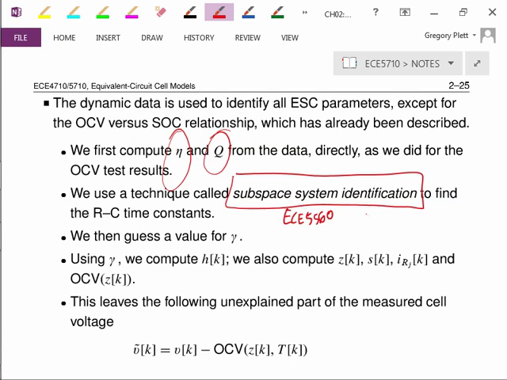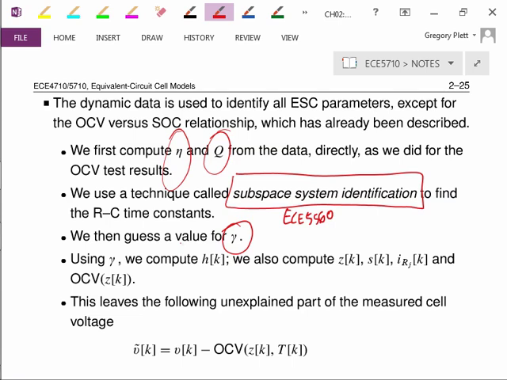Then I do something interesting. I guess a value for the hysteresis rate constant gamma. Now we're not going to keep this guess. This is an initial guess. We're actually going to optimize this guess, but this is a starting value. And maybe this is something that you know from a previous cell that's similar, or maybe it's a complete guess. It really doesn't matter that much.